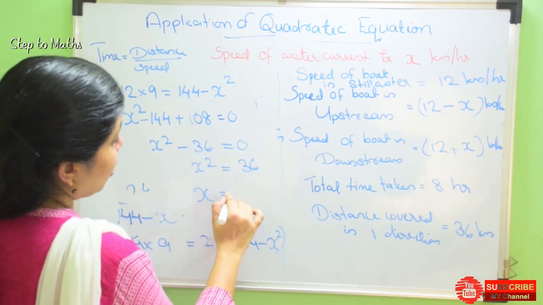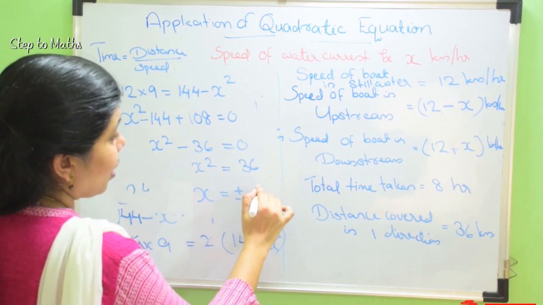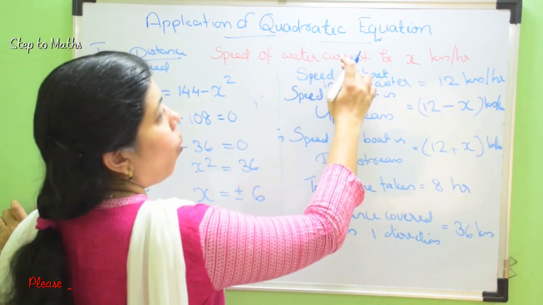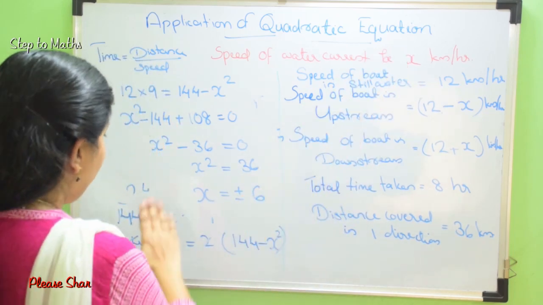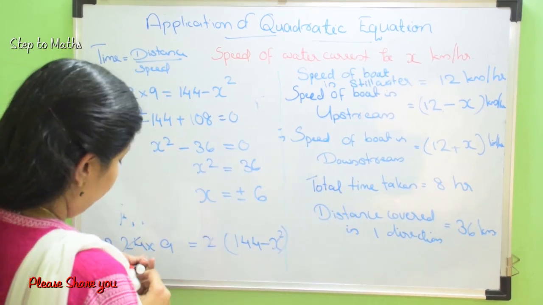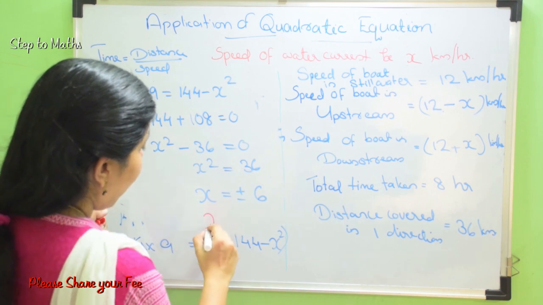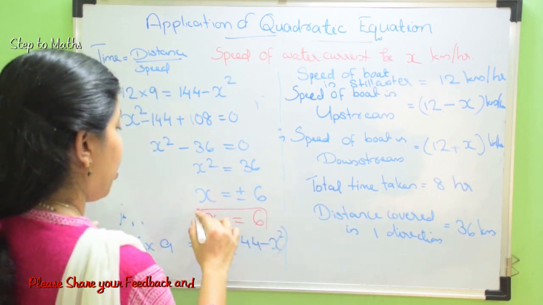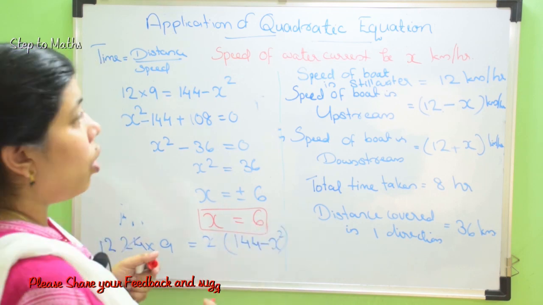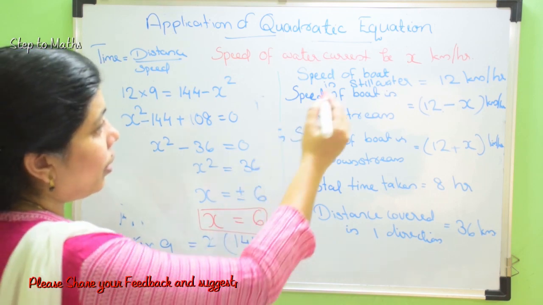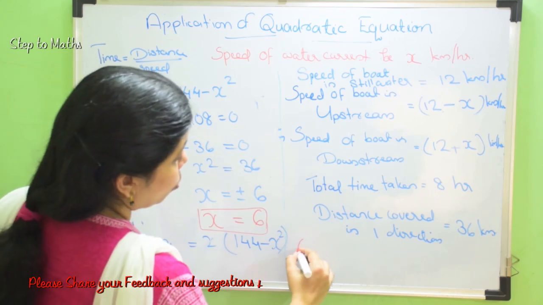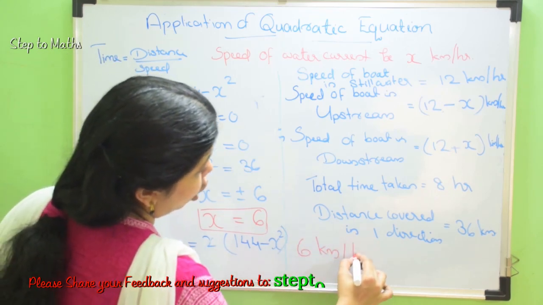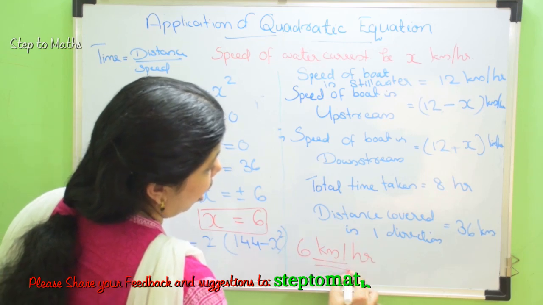So, the value of x is equal to plus or minus 6. Here we take x as speed of water current, so we take the positive value only. So, x equals 6. The speed of water current is 6 km per hour.